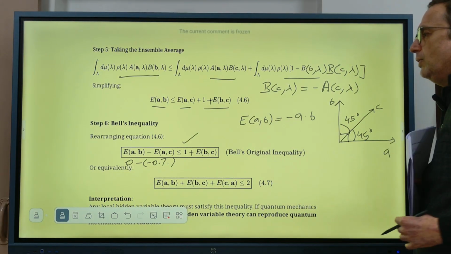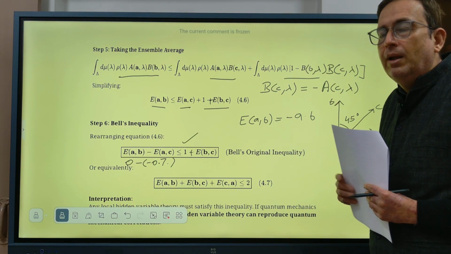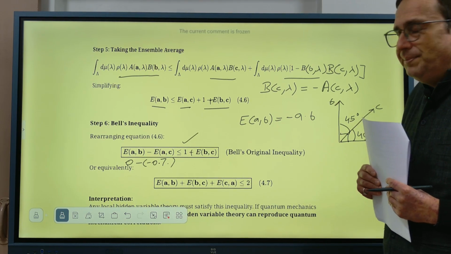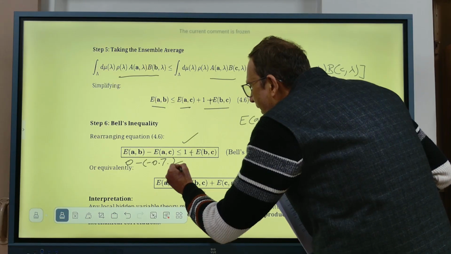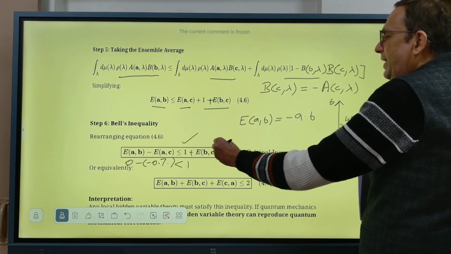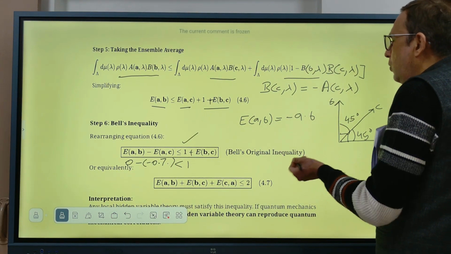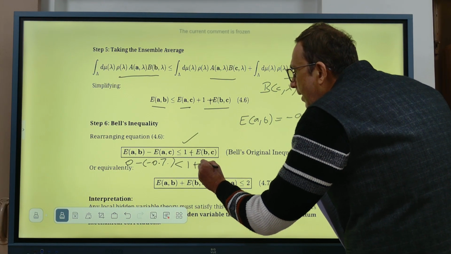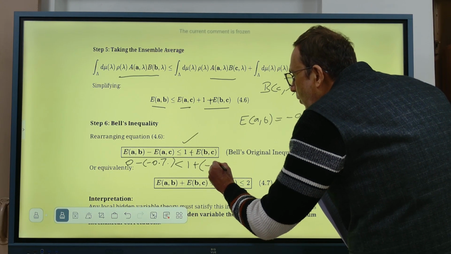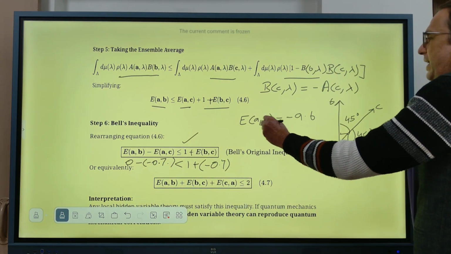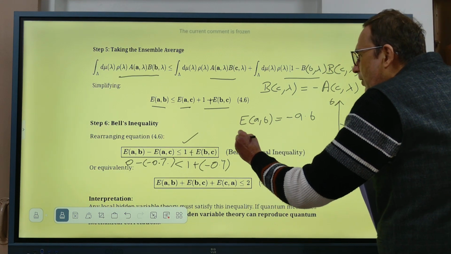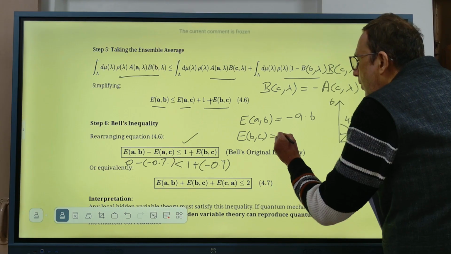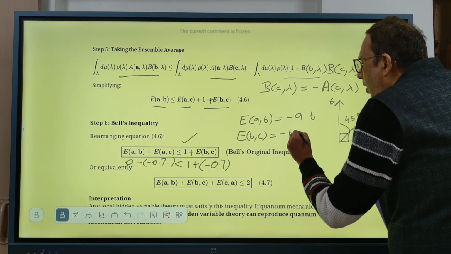Of course, this is cos theta, and cos 45 is 0.7 something. Then it has to be less than 1 plus EBC. EBC is also 45 degrees, so it is 1 plus minus 0.7, because EBC is also equal to minus B dot C.